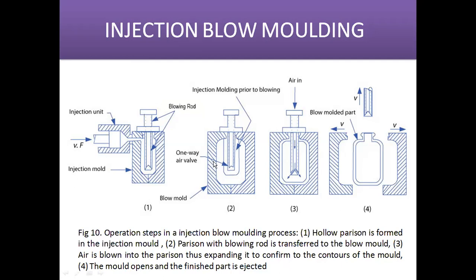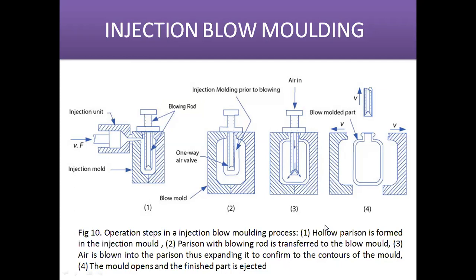Then it will be transferred into the blow mold cavity, and this total portion will be transferred. After the transfer, air will be blown through this blow pin into the parison, and when air comes into the parison, it applies pressure and the parison takes the shape of the mold cavity.